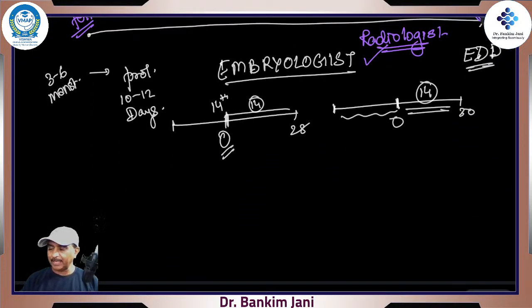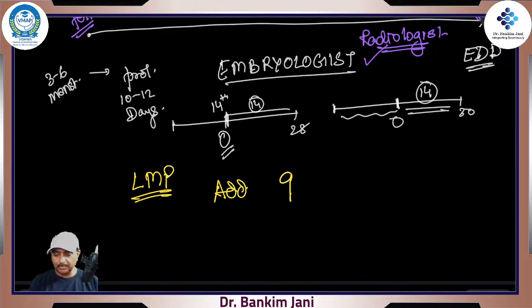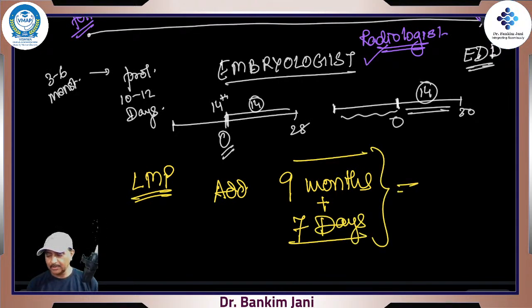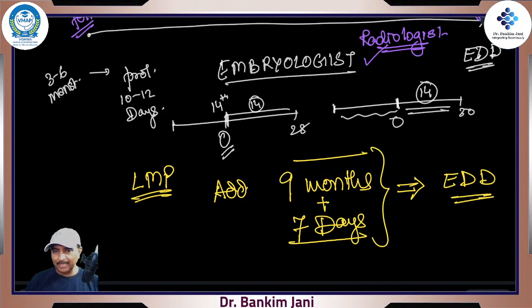A very simple calculation, if it is to be calculated from the last menstrual period: add 9 months plus 7 days. Whatever comes, that would be the expected date of delivery, EDD. Why this adjustment? Because on an average, it works in the form of lunar months.